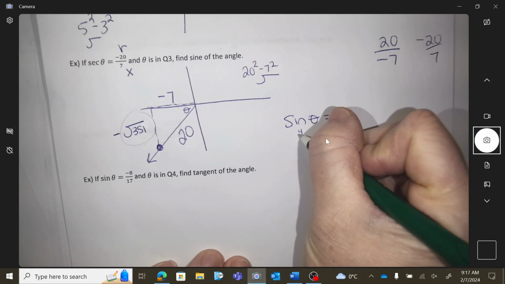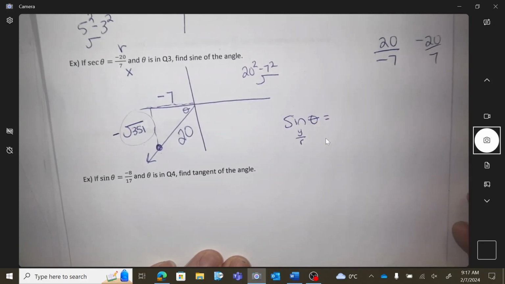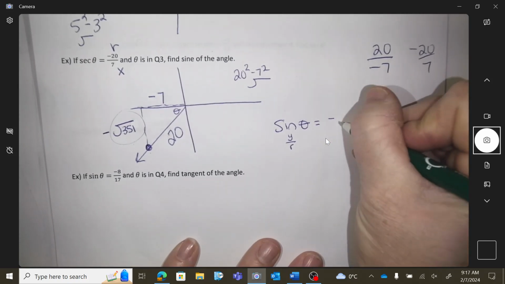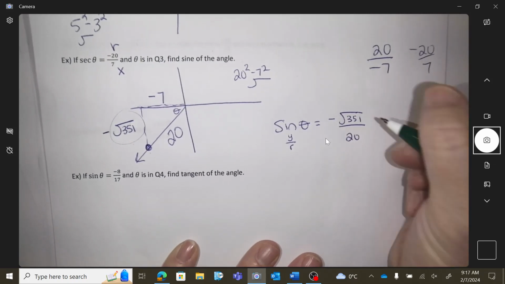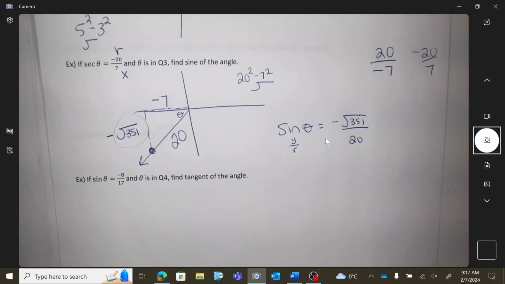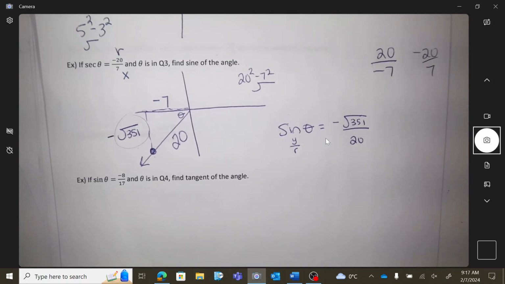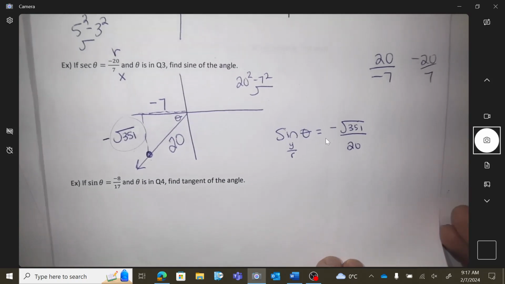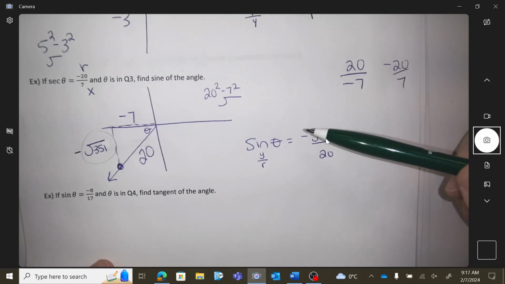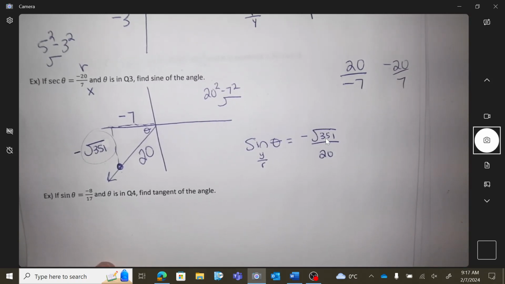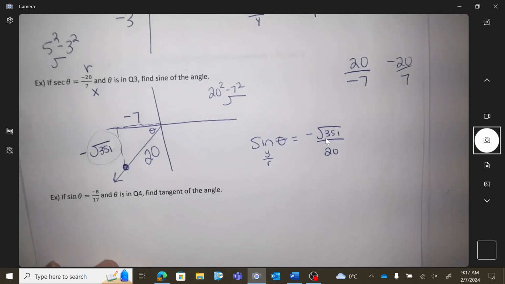I need to be writing a y divided by an r. Okay, so make sure in your math, don't put negatives with your math, but make sure your negatives are correct on your locations. All right?